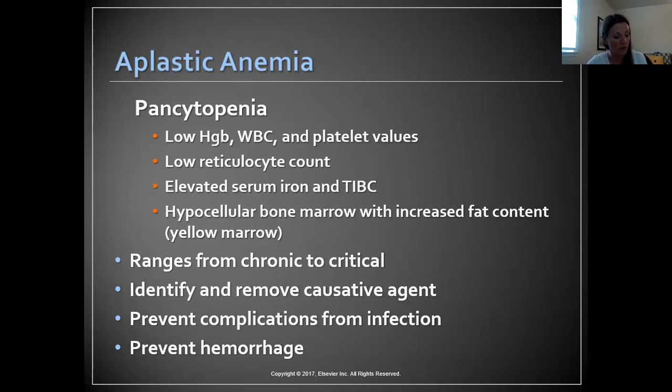Most are due to autoimmune activity by autoreactive T lymphocytes, where cytotoxic T cells target and destroy the patient's own hematopoietic stem cells. Patients are at an increased risk for infection due to neutropenia from low white blood cell counts, and increased risk for bleeding events due to low platelet counts.